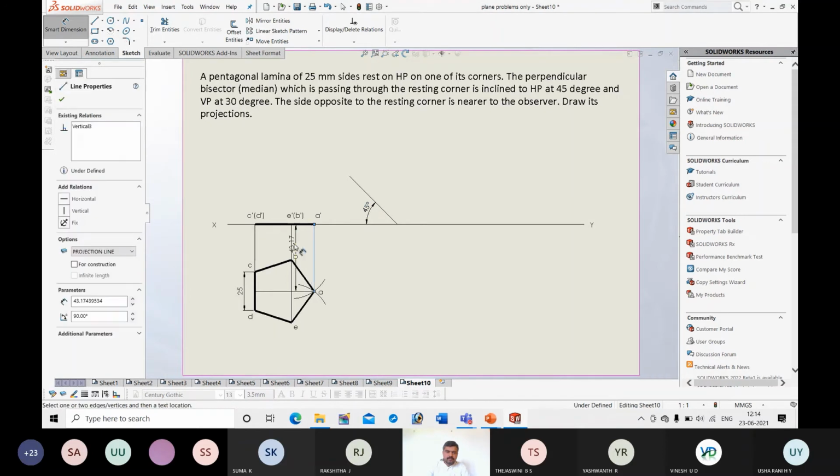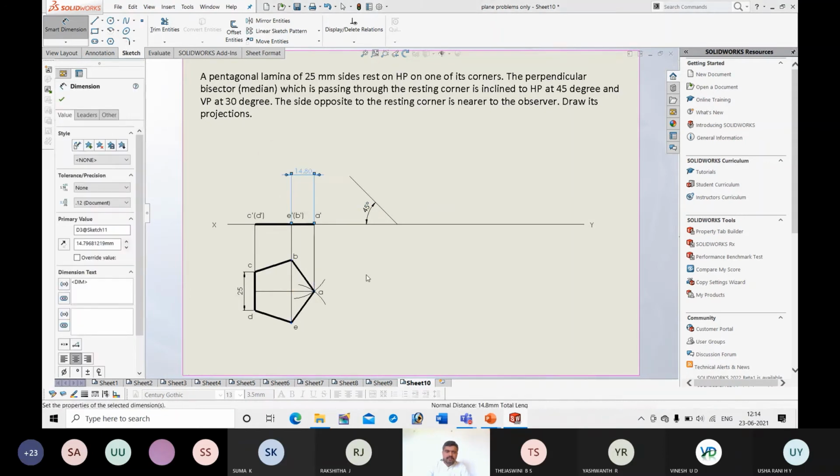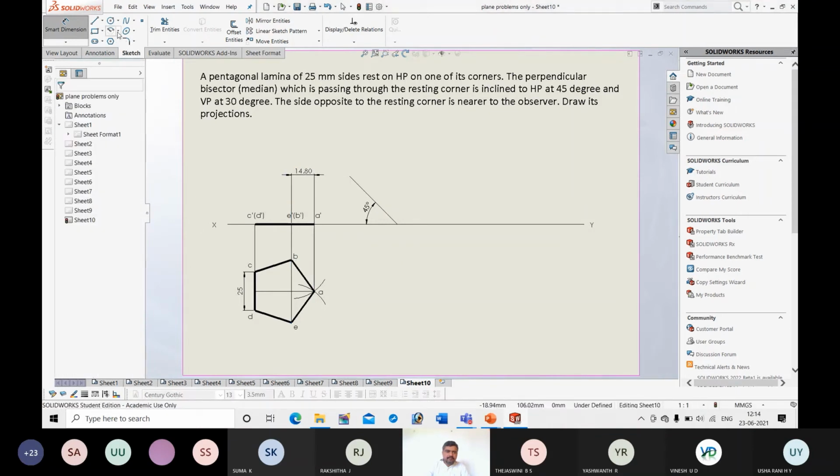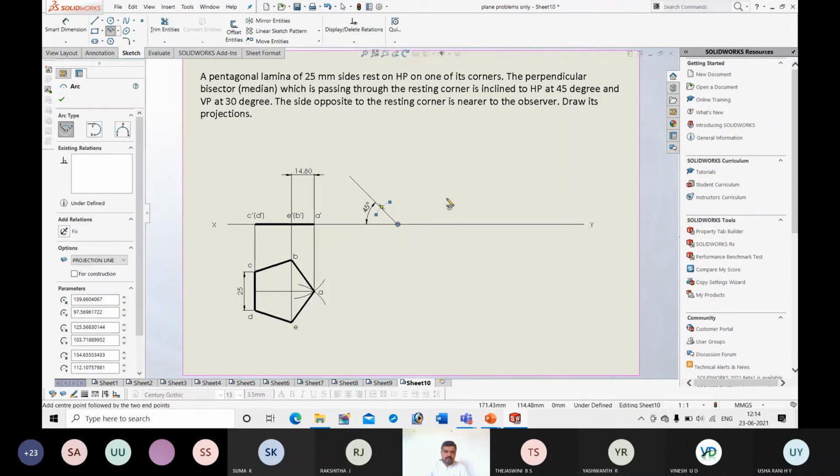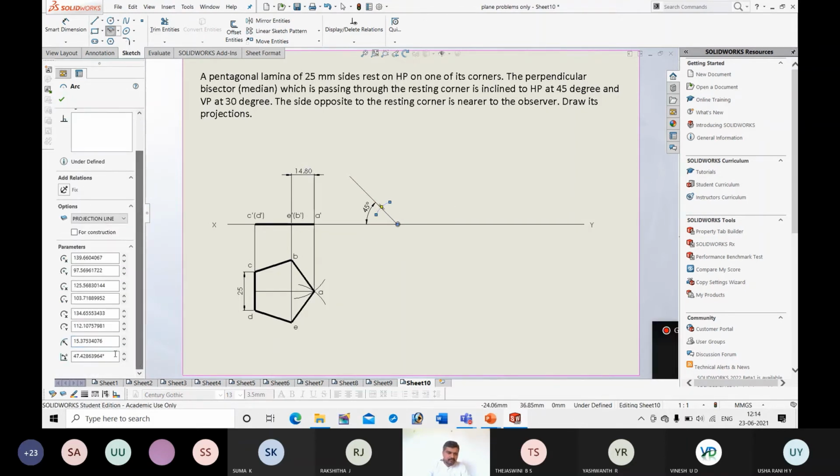Okay, next, take the radial distance between E dash and A dash using compass, then draw an arc and get point 8.